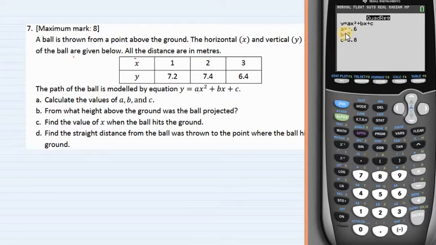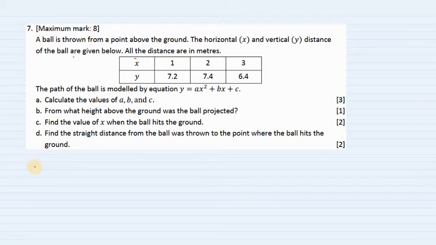Now we got directly a is negative 0.6, b is 2, and then c is 5.8. So write it down using quadratic regression. So you inform your teacher that you are using quadratic regression.